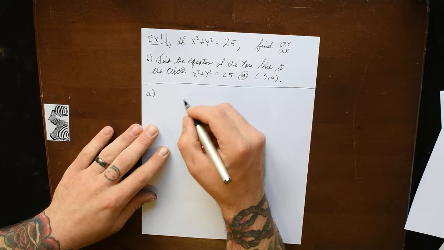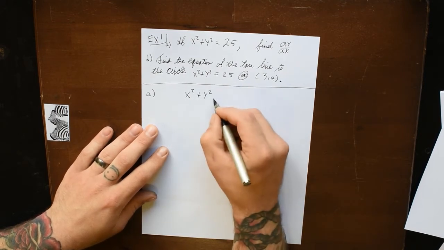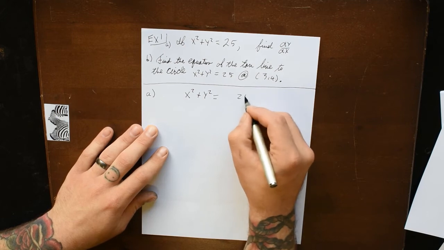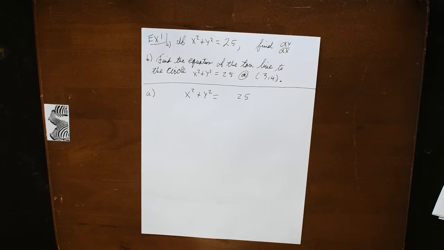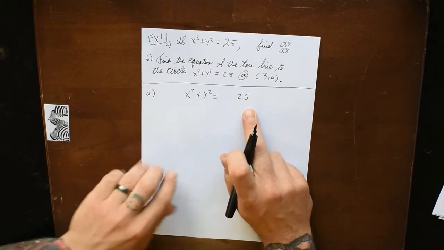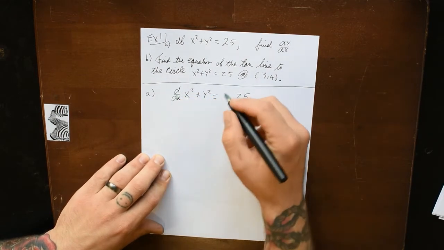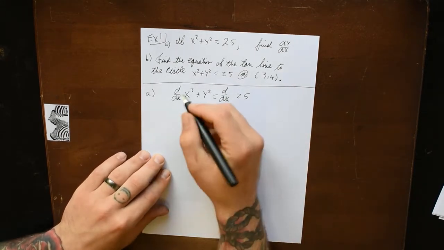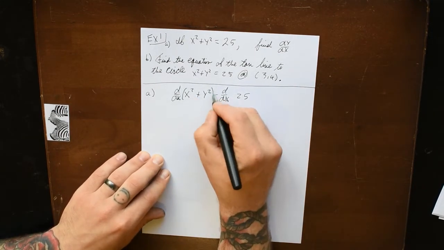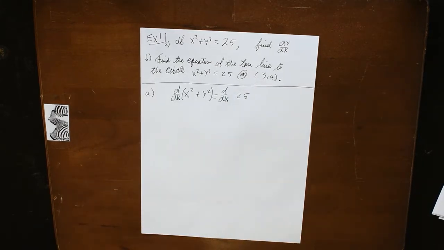Okay, so we'll set this up. We have x squared plus y squared is equal to 25, and I left a gap there on purpose. What we want to do is, if these two things are equal, that means their derivative with regards to x has to be equal. We're taking the derivative of the left-hand side, that's equal to the derivative of the right-hand side.